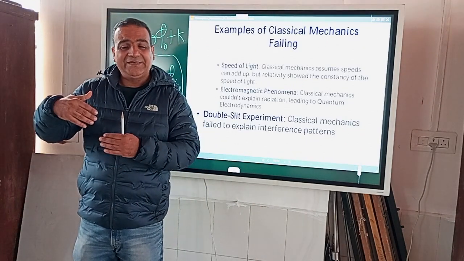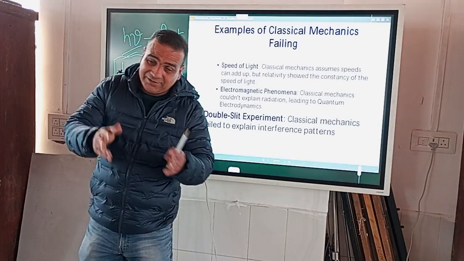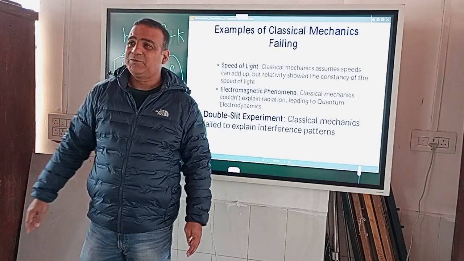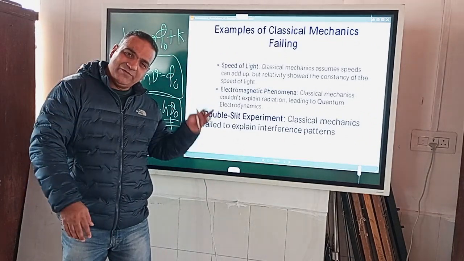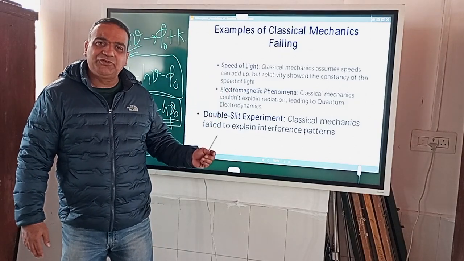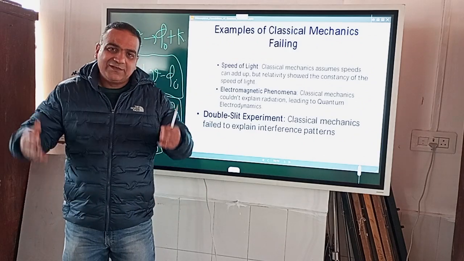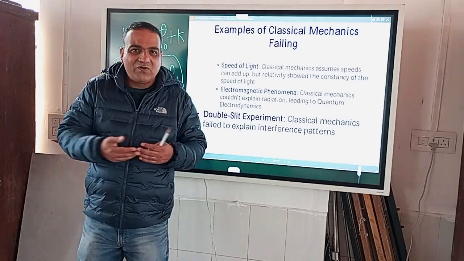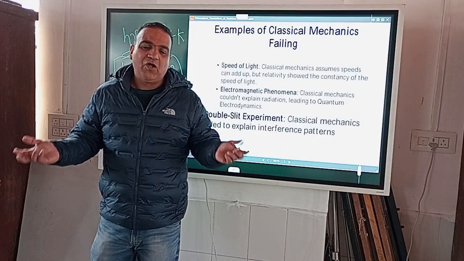Dual means it behaves like a wave when we perform the double-slit experiment, the polarization experiment, or the diffraction experiment, but at the same time, when we go with the photoelectric effect, Planck's black body radiation law, or the Compton effect, the same light behaves like particles. So classical physics has no answer for the dual nature of light.